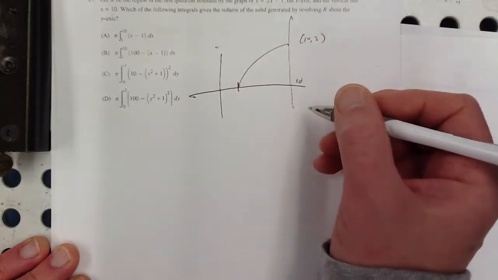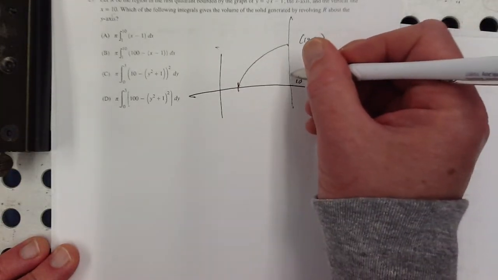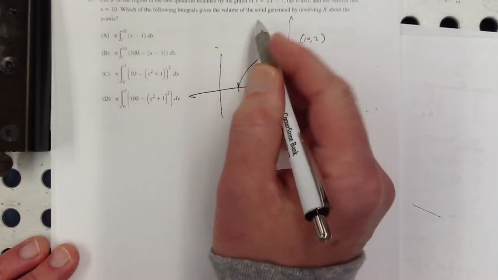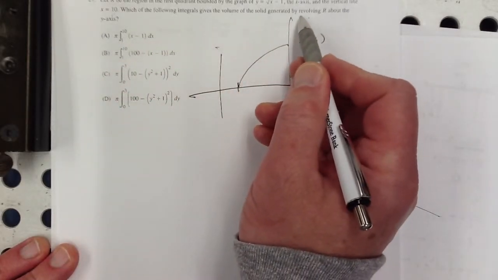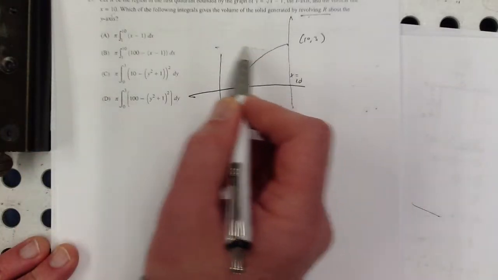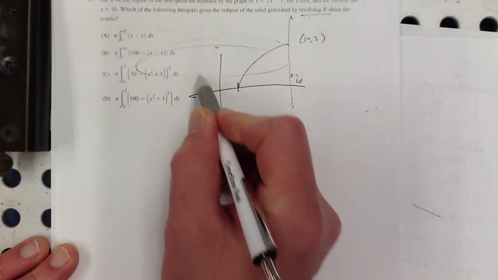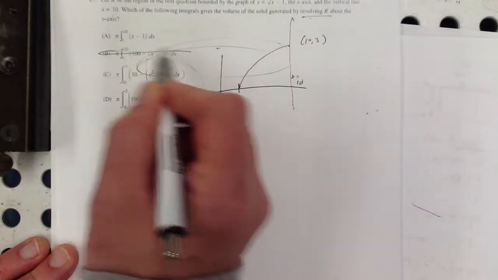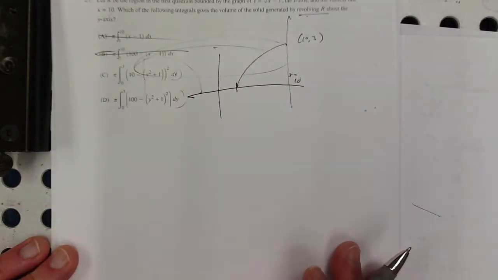I don't know if we need to know that or not. That's x equals 10. So which of the following integrals is the volume of the solid generated by revolving R around the y-axis? If I'm revolving that this way, this is a dy problem if we're revolving around the y-axis.